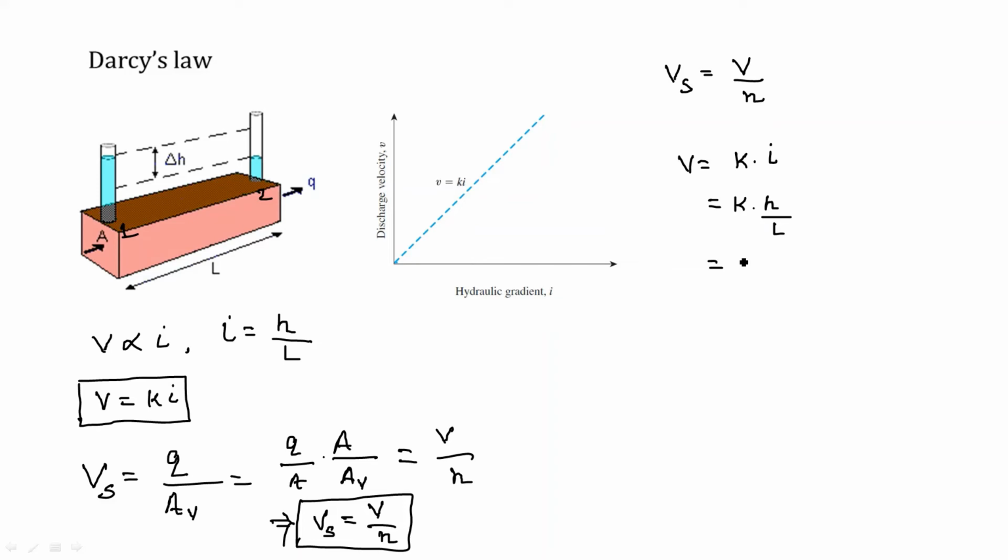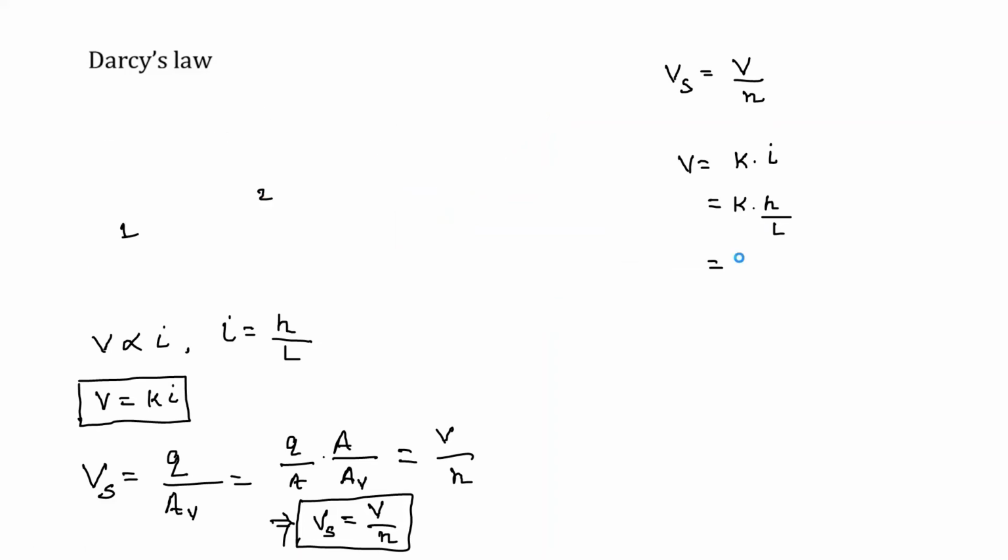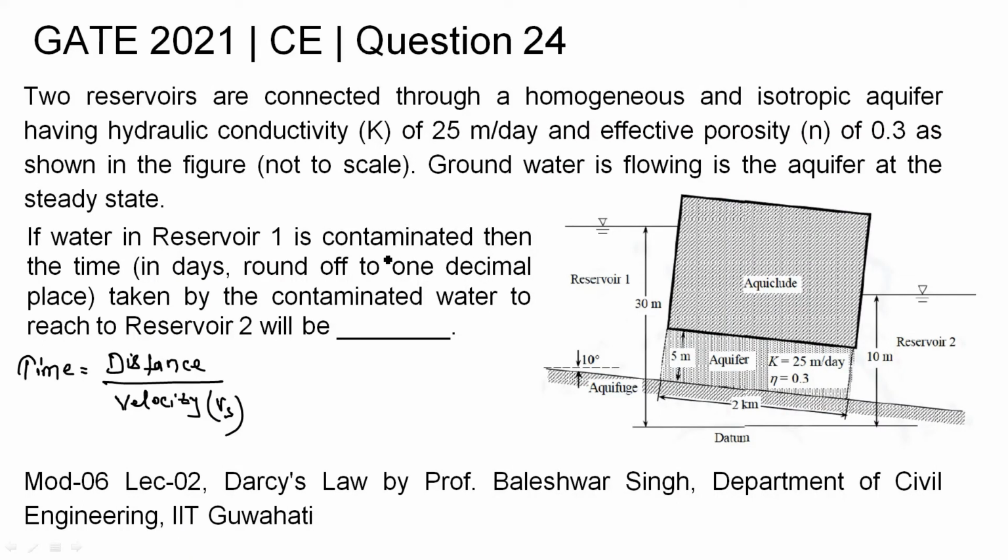Keep your units uniform throughout the problem. Here the answer is asked in days, so keep the unit of permeability in days only, and all the length units should be in meter.